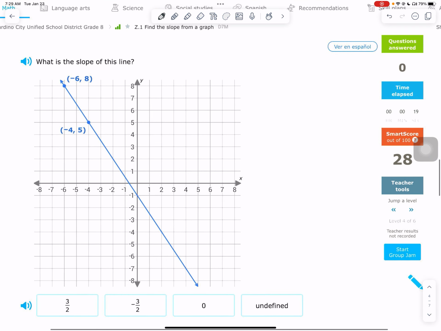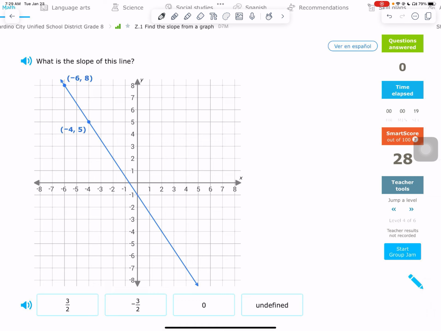We'll do one more example where they give us the 2 points. Step 1, draw a right triangle. Step 2, count my rise and my run. 1, 2, 3, 1, 2. Write it as a fraction for my next step, 3/2.